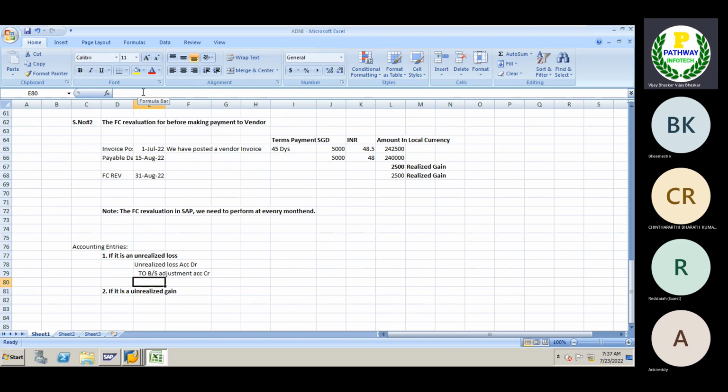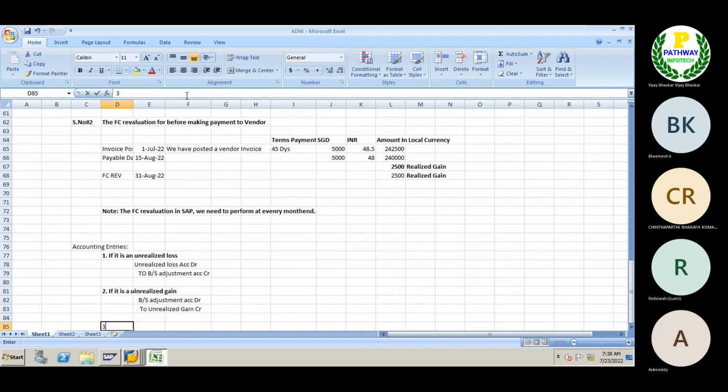It is the reverse: the balance sheet adjustment account is debited, then the unrealized gain account is credited.